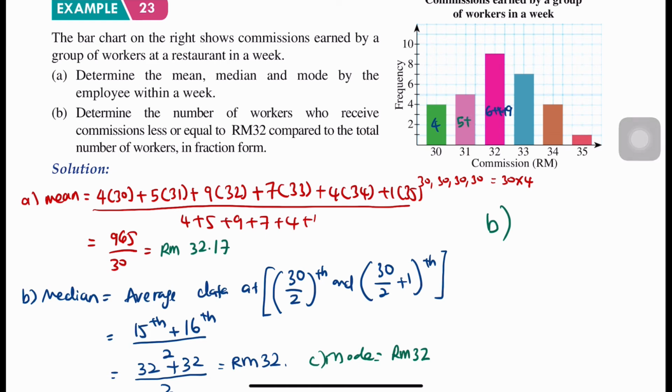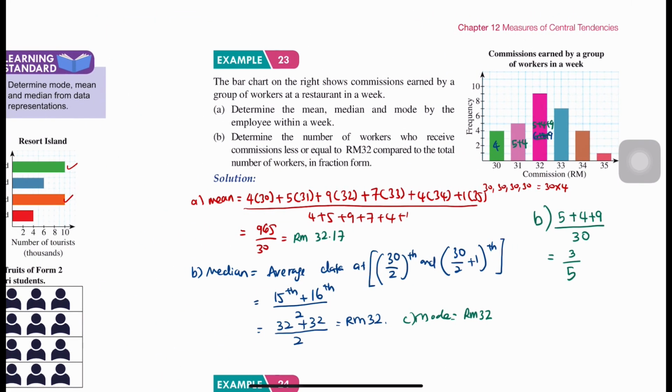So 5 plus 4 plus 9, divide by total semua ada berapa tadi? 30. So jawapan kita is, tekan calculator, simplify terus, kita dapatlah 3/5. Okay, boleh? Macam tu je cara dia.